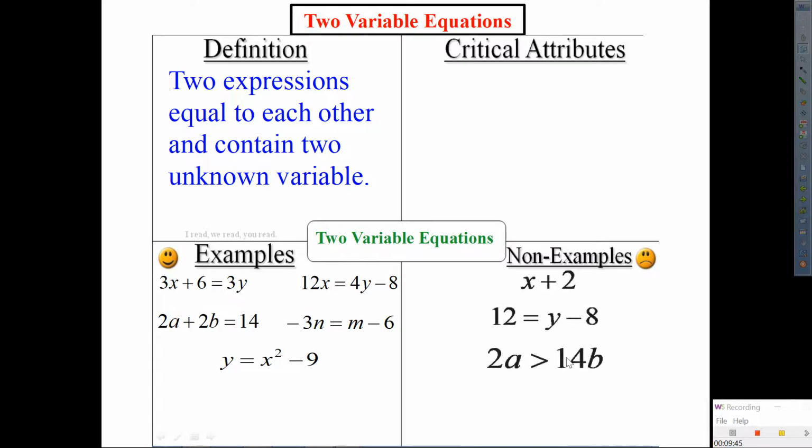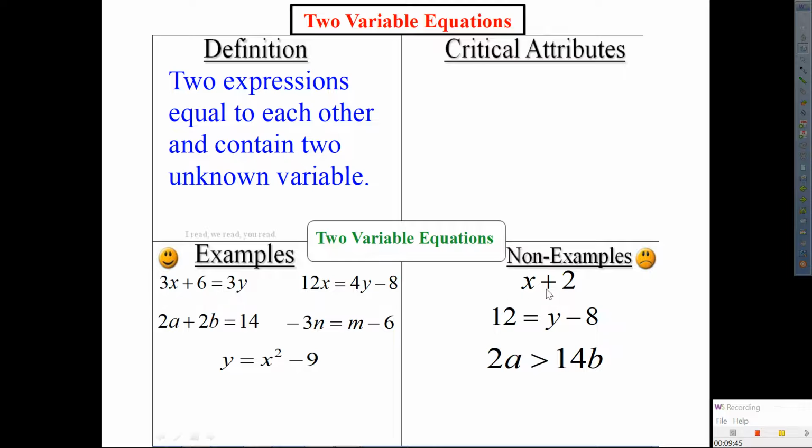All right, non-examples. Look at these. Before you copy them, tell your neighbor why each of these three is not a two-variable equation. Share with your neighbor, please. Why are these not two-variable equations? All right, let me start off with Ivan.